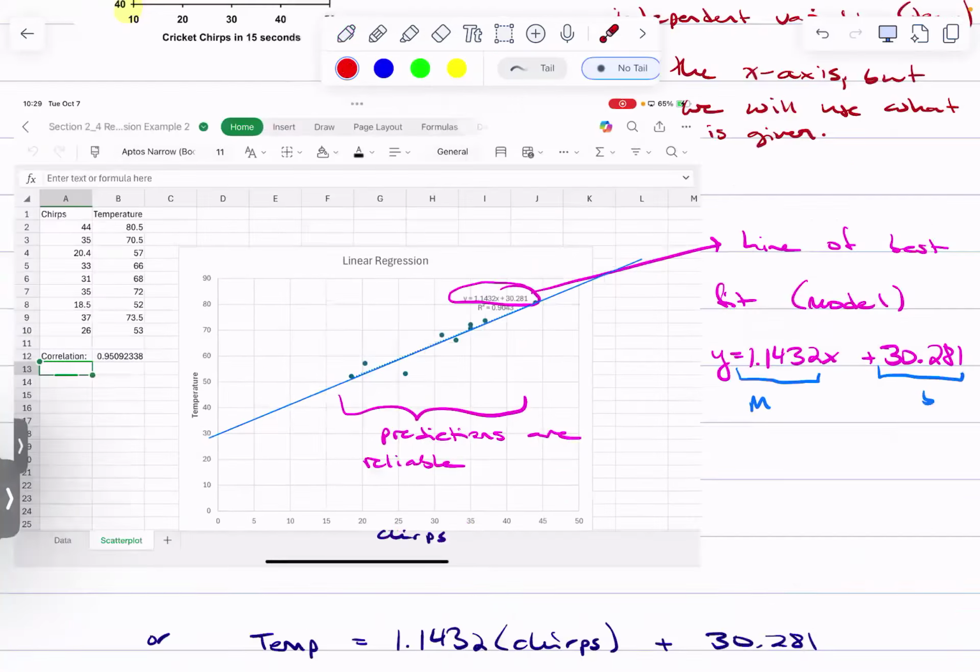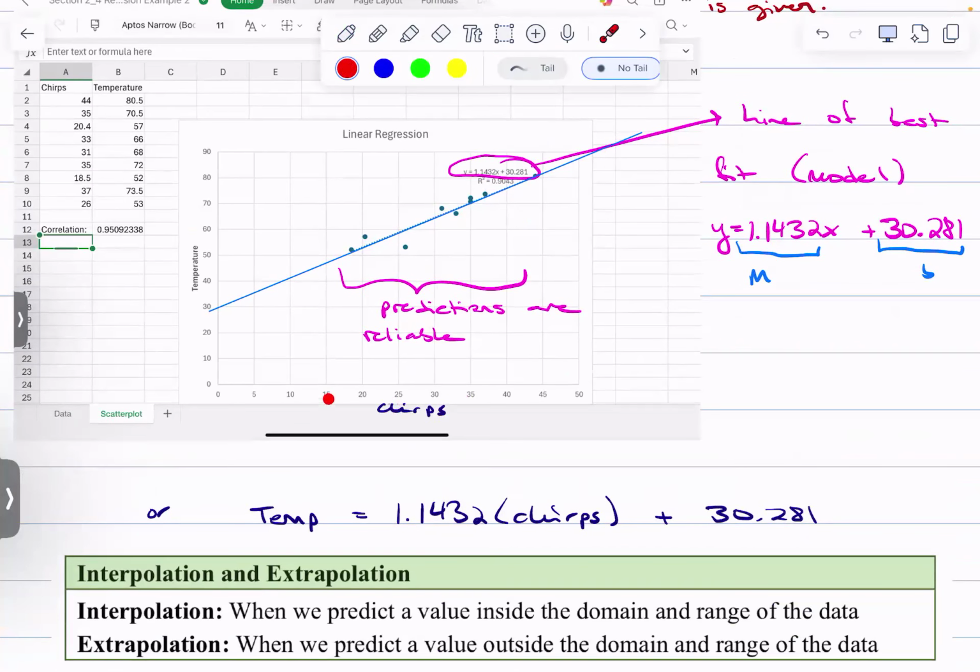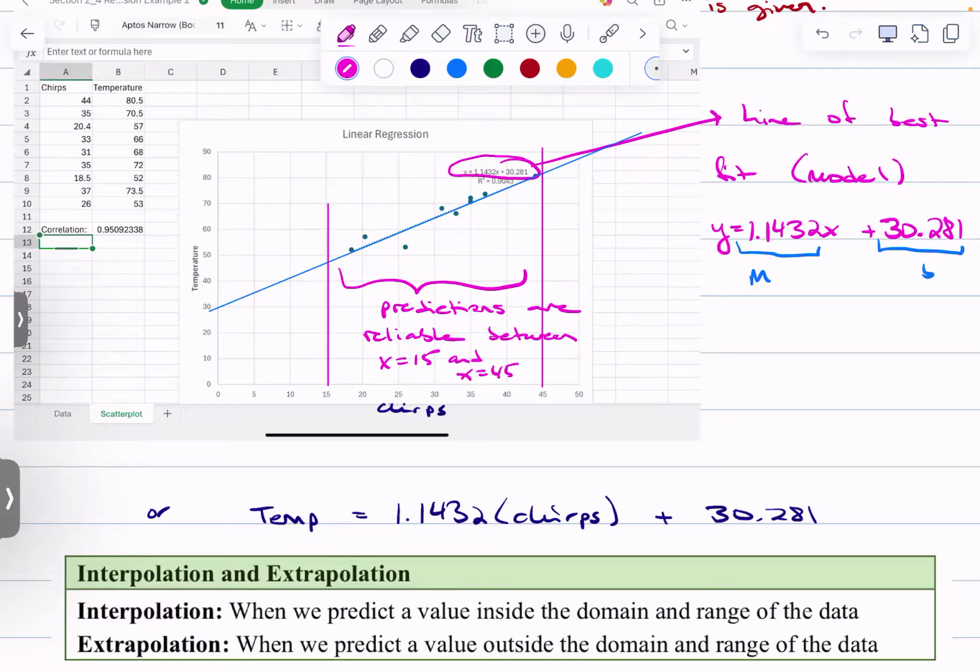Roughly between 15 chirps and 45 chirps, I would say my model should be pretty reasonable. And so the predictions are reliable between X equals 15-ish, a little on the outside, but like I said, there's a little bit of wiggle room, and X equals 45.